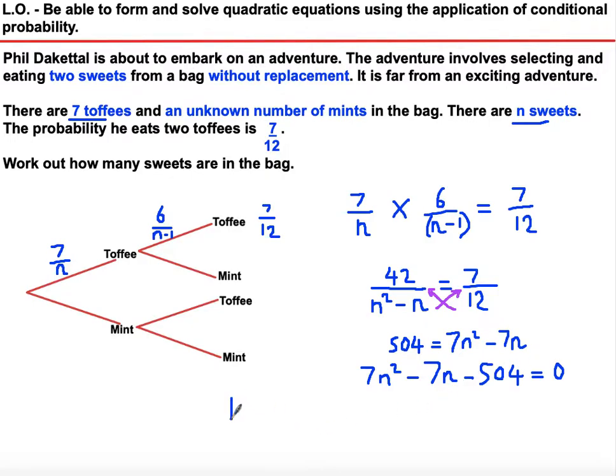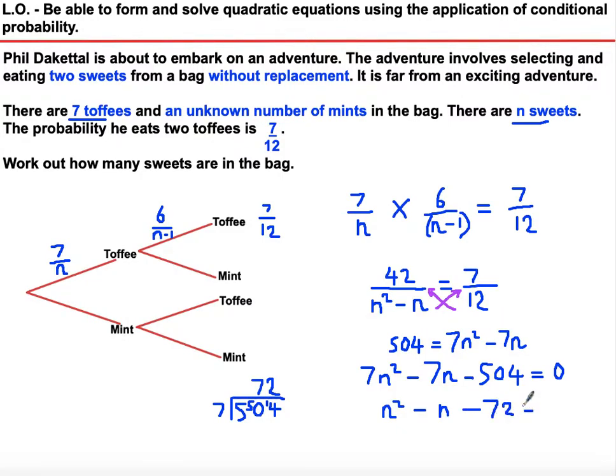So a little jump to bus stop division. 7 does not go into 5, but it goes into 50 7 times, remainder 1. 7 goes into 14 twice, so yes, it does divide by 7. It divides to 72. So now we can rewrite our quadratic as n squared minus n minus 72 equals 0.